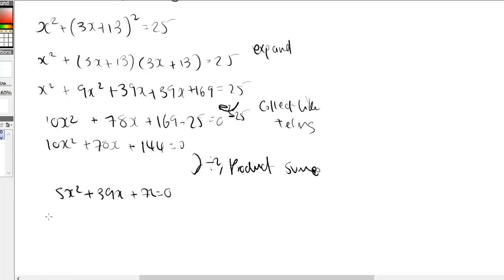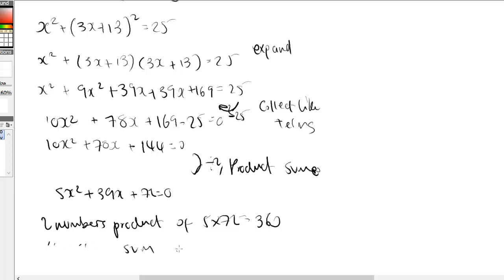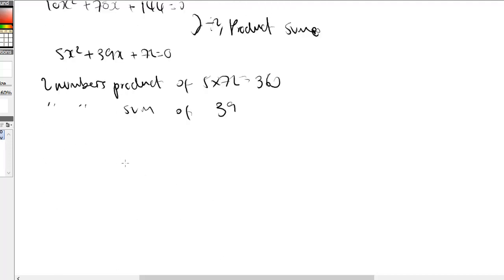Product sum means I need two numbers which give a product of 5 times 72, which is 360, but sum of 39. So I go through all of the factors of 360, and there's going to be a few, but if you work through it you're going to get 15 and 24, which abide by this criteria.